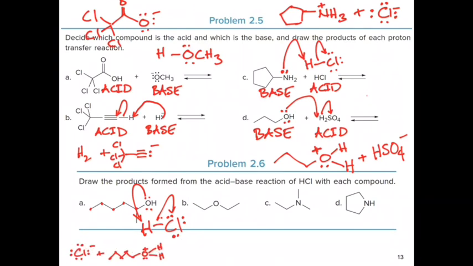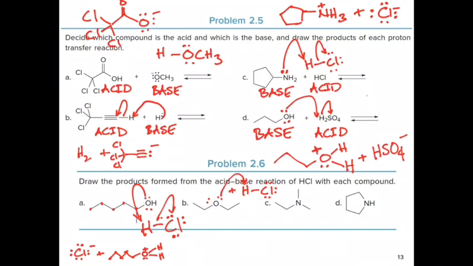What about part B here? So when you look at this oxygen here, this oxygen contains 2 lone pairs of electrons. So let's just draw in 2 lone pairs of electrons. And then this will react with the hydrochloric acid. And one of the lone pairs will attack this hydrogen.